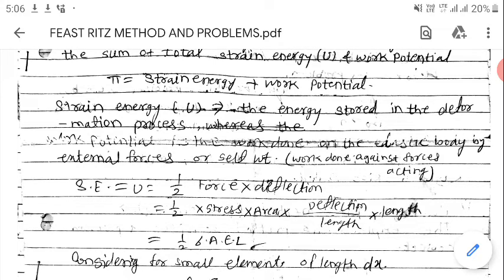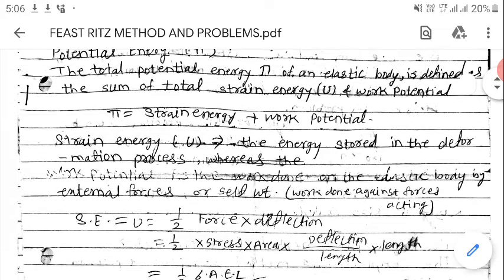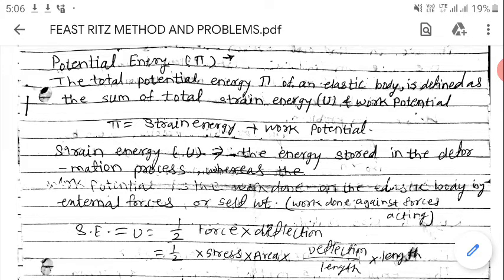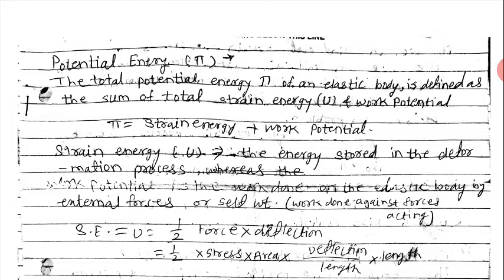Okay, so we know that potential energy is simply that energy in any type of body, and that may be in the form of static. Statically it is present in the body, so we can represent that energy in the form of strain energy and work potential.